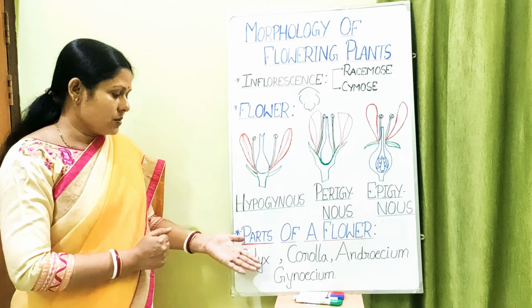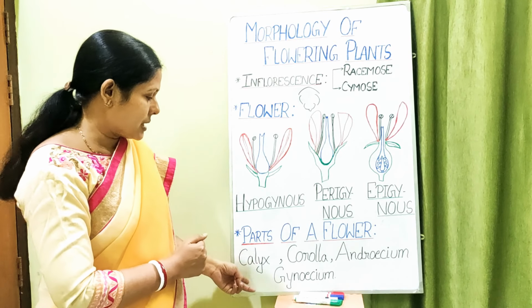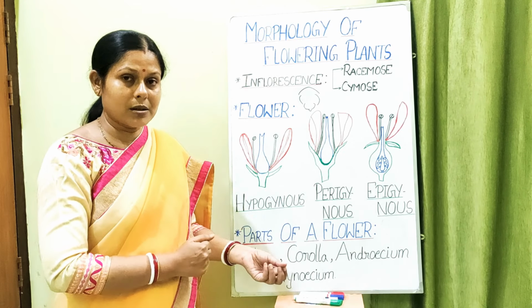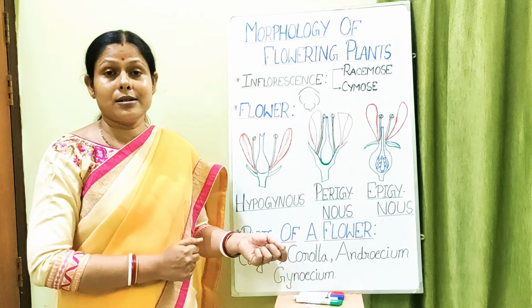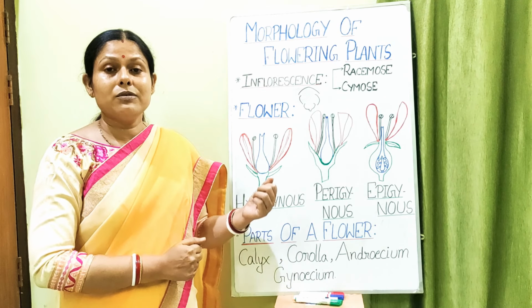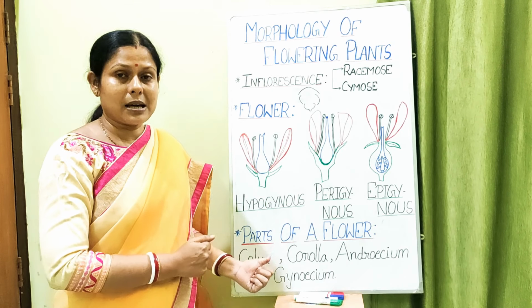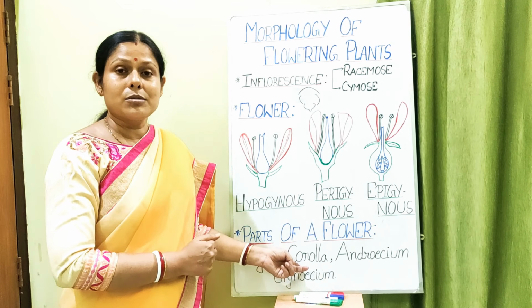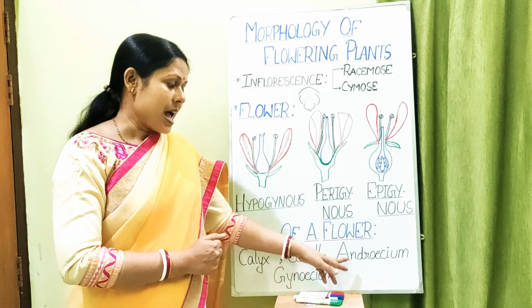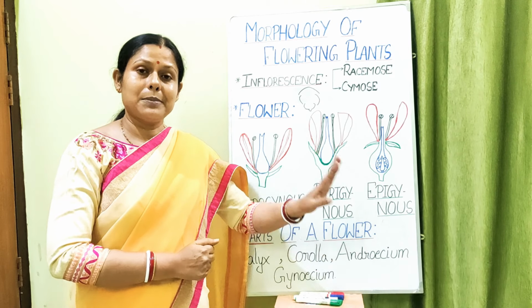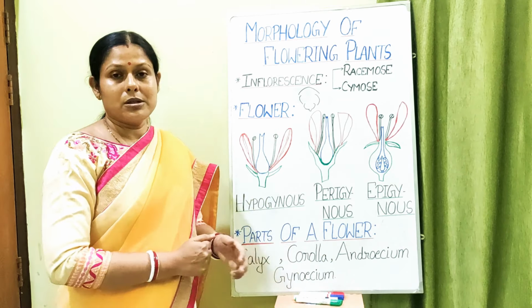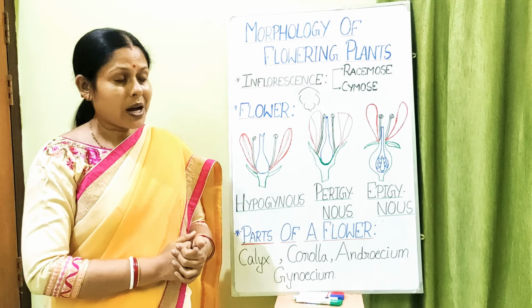Then parts of the flower: just now I discussed the calyx and the various terminologies related to it. I forgot to tell you, when we read about the floral formula, calyx is represented by capital K, corolla by capital C, androecium by capital A, and gynoecium by capital G. Understood?